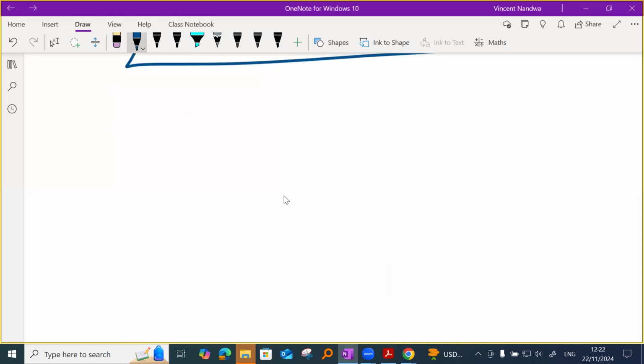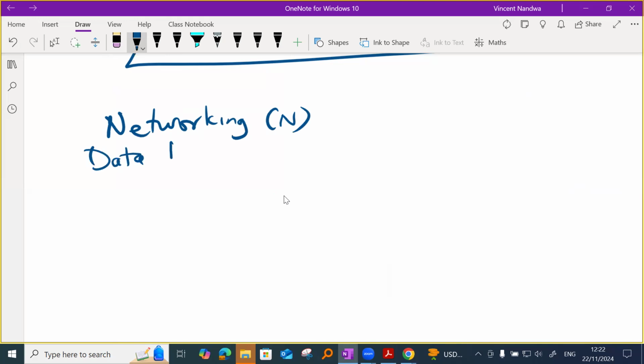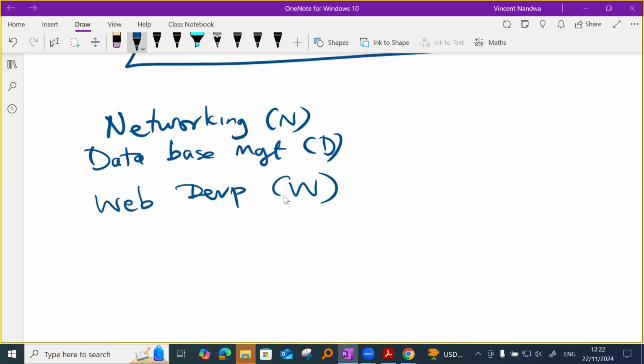Just for convenience, let's call networking N. Then database management we call D, so that when we see D, we relate it to data, okay? And web development we call W, just for easy tracking, okay?